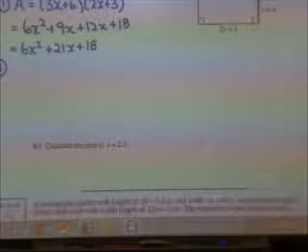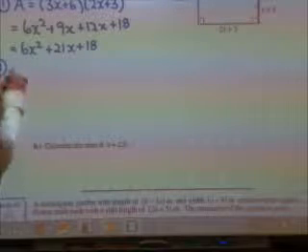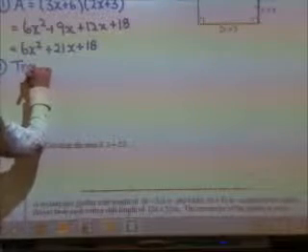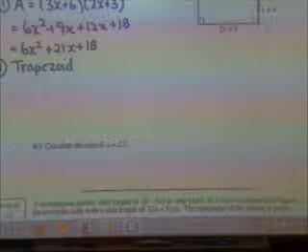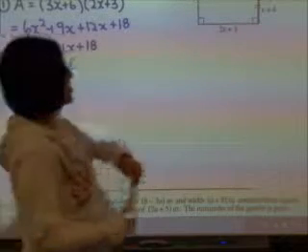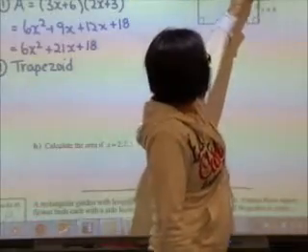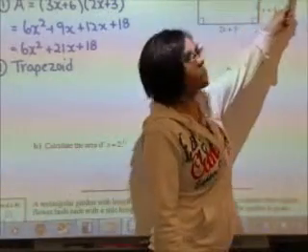It's called a trapezoid. A trapezoid has a pair of opposite sides that are parallel to each other. So these two sides here are parallel to each other, but these two sides aren't.